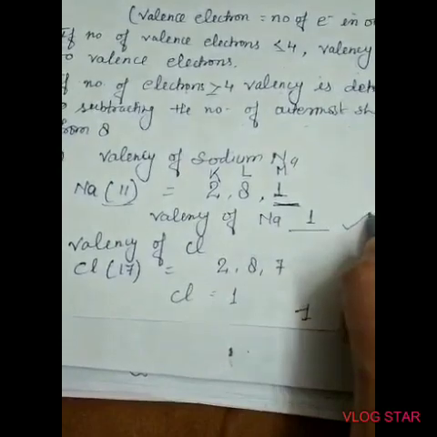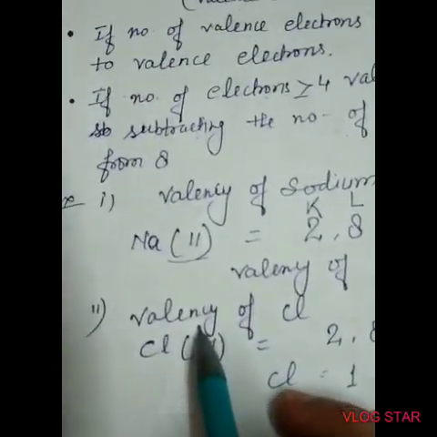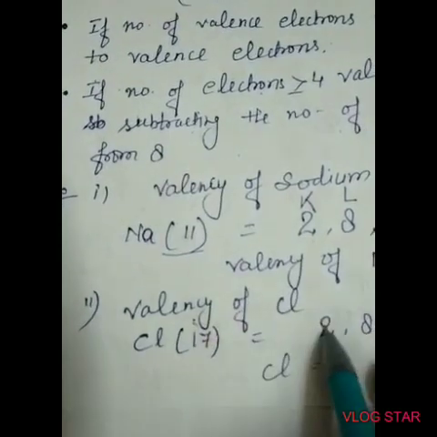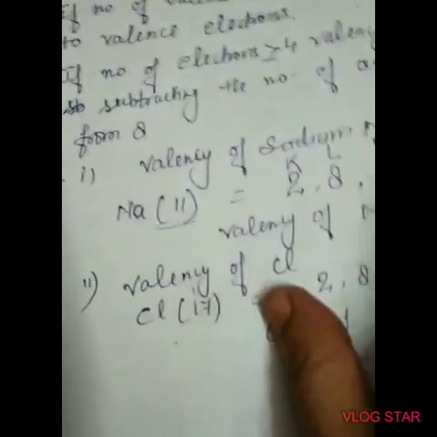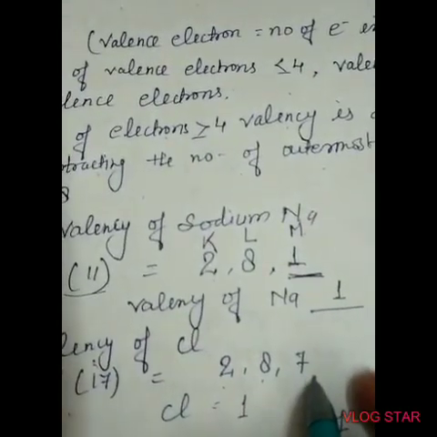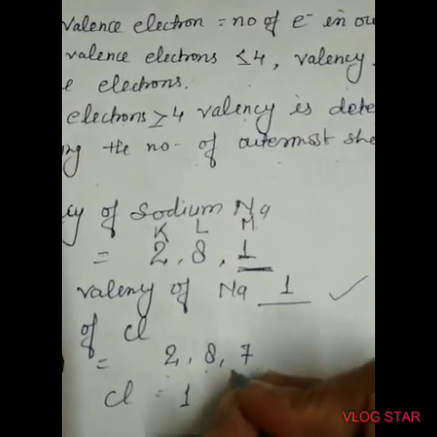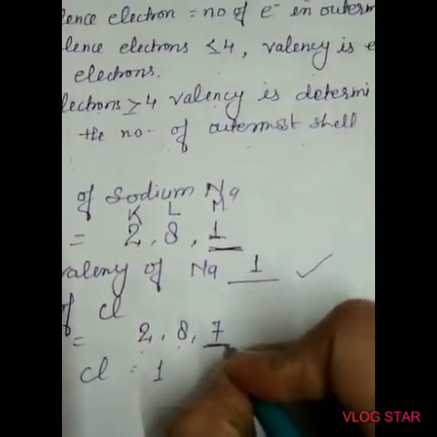Got it? Now take one more example: the valency of chlorine. You know the atomic number of chlorine is 17, so the electrons are also 17. The electronic configuration is 2, 8, 7. In the last shell you can see it contains 7 electrons.